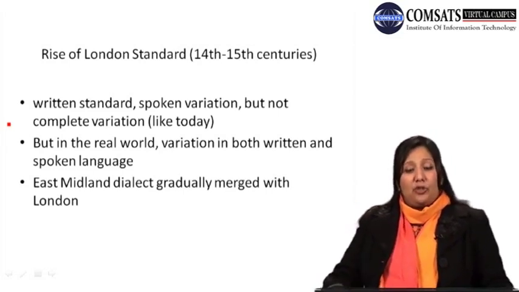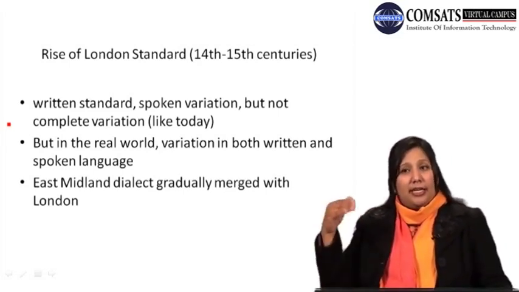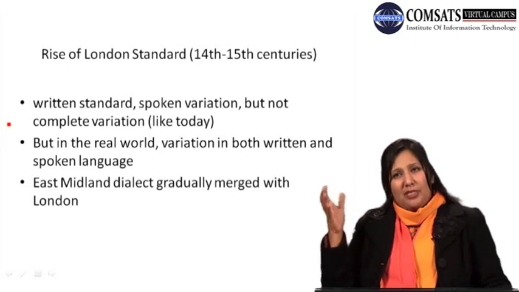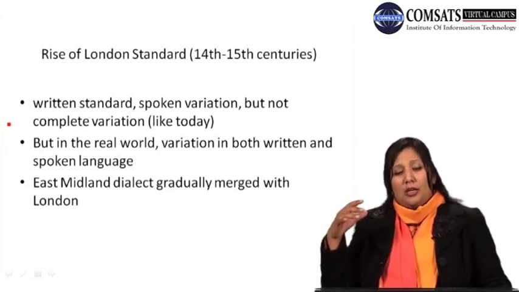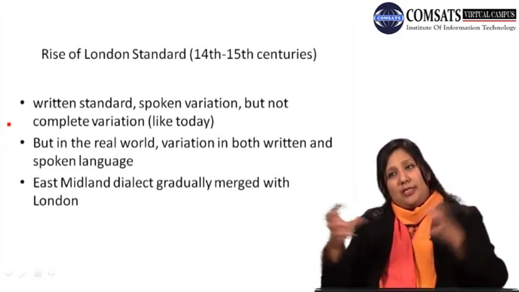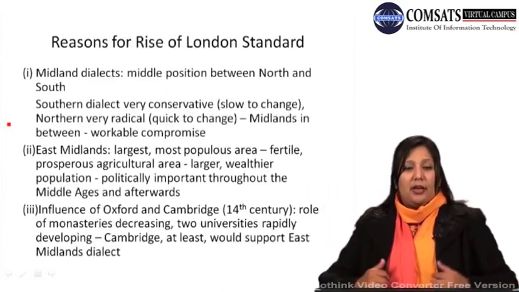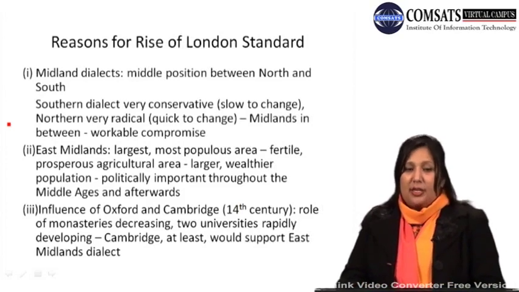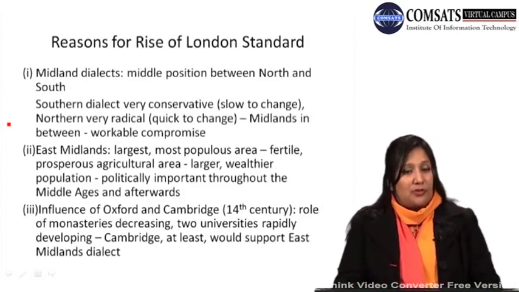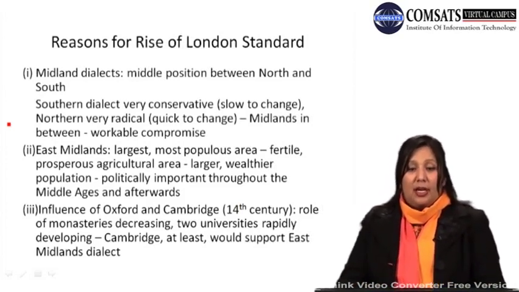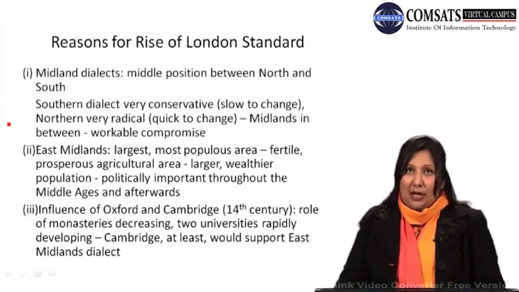East Midland dialect gradually merged with London. East Midland was a bit similar to the London one. They came close, they started merging, and then they started rising. Reasons for the rise of the London standard. There were different reasons. The first reason is the middle position of the midland dialects between north and south.